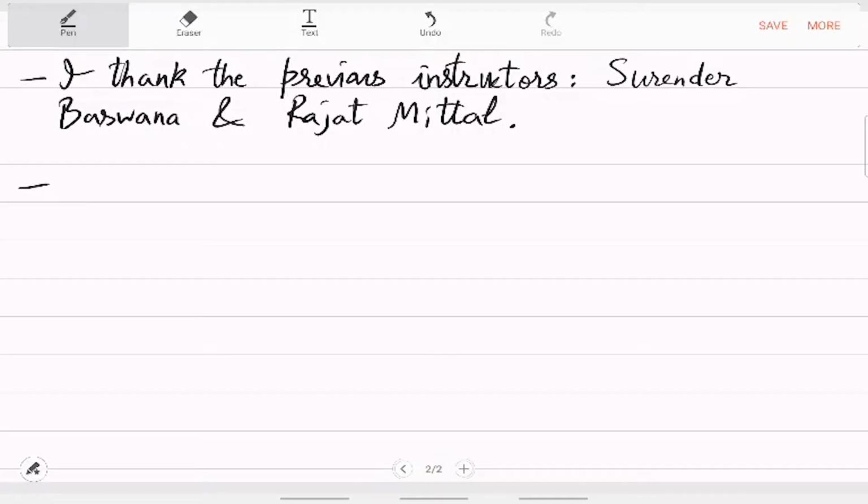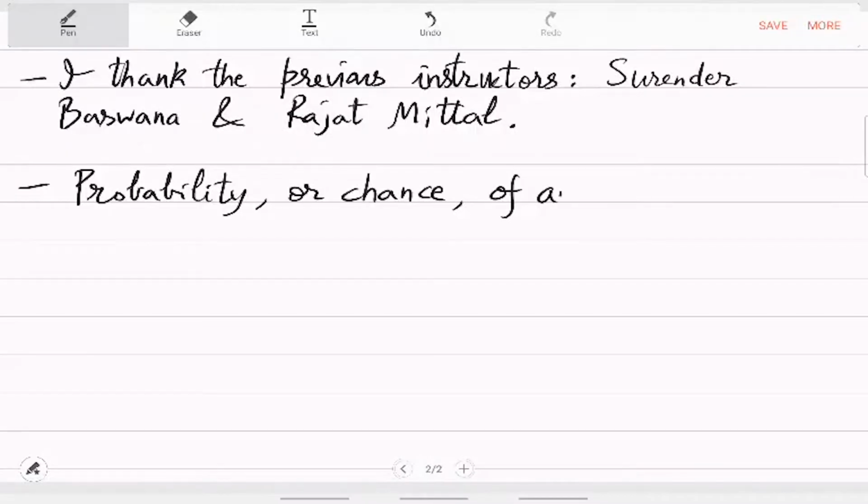Okay. So, just to start off, what is probability or what is chance? Probability, or what we simply call chance of an event, is, so for now we will not define it very properly, what is an event, what is a probability, but since you already have some idea, let's just continue with this intuitive notion.